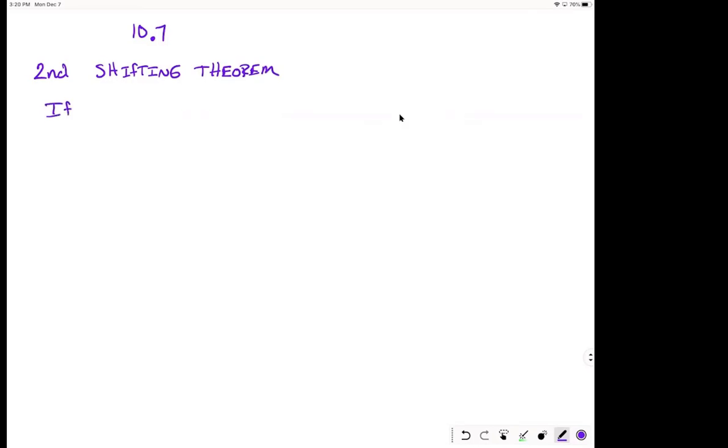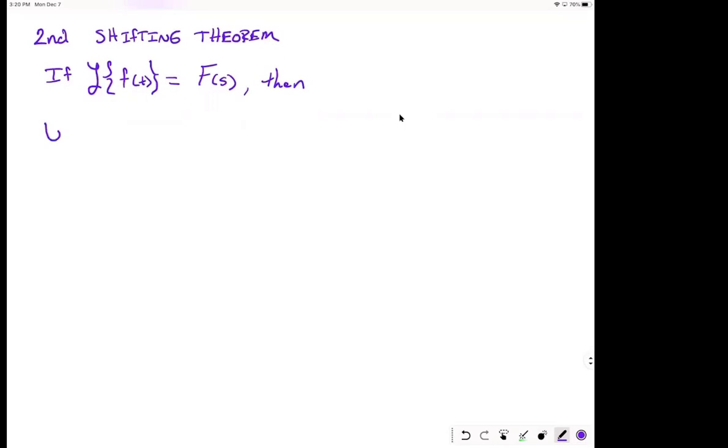So if we have the Laplace transform of f of t, and that's equal to this F of s, then the Laplace transform of your u sub a of t times f of t minus a.